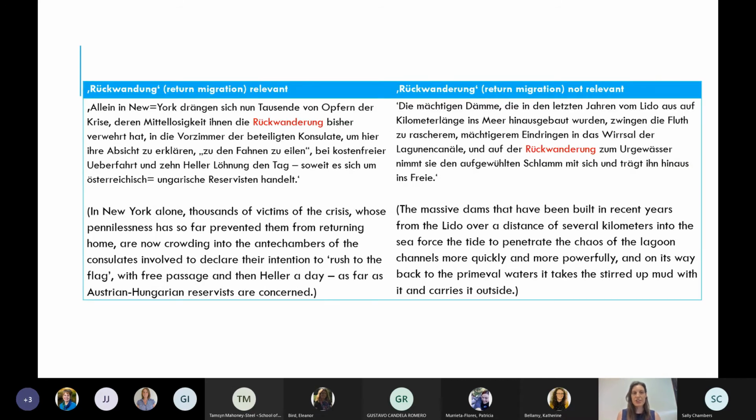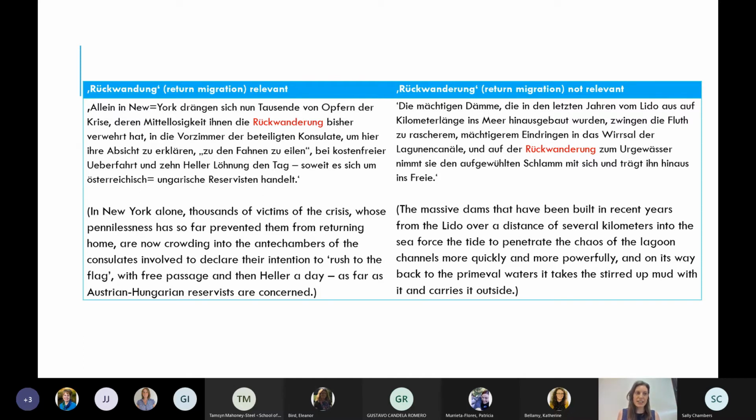So just trying to show you one example. It's first in German, but I also have the English translation here. The first example is the term Rückwanderung, which is return migration, which is actually relevant for my research question.